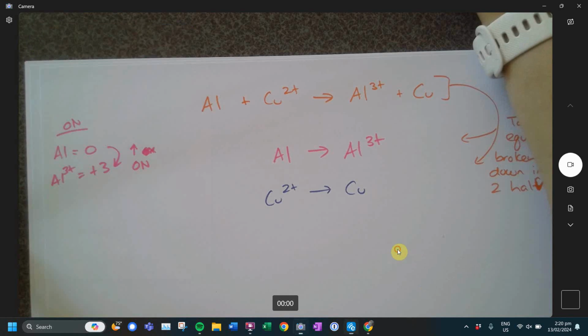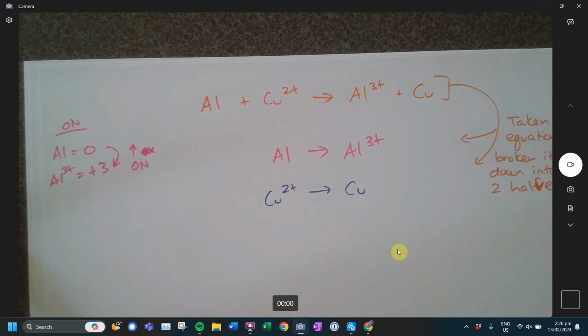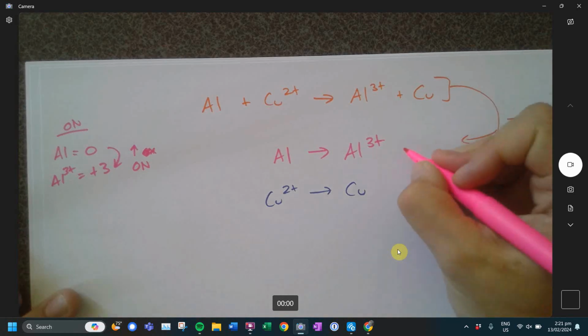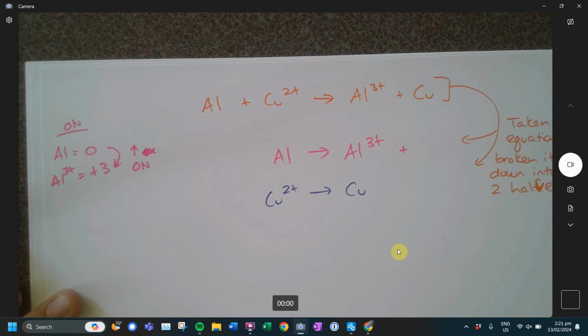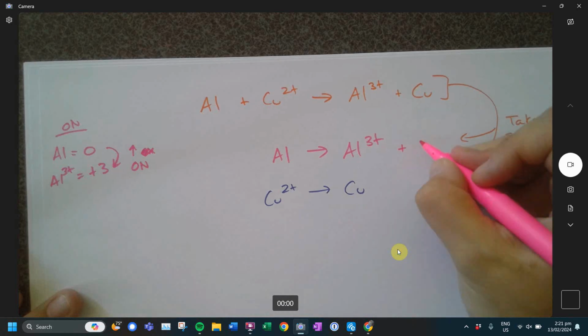There we go. So if we see an increase in oxidation number, is that oxidation or reduction? You remember from yesterday? It's oxidation, because I have lost electrons. Remember, electrons are negative. So we've lost how many electrons? 3, because that's now +3.